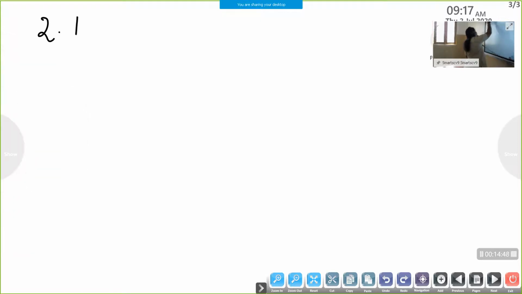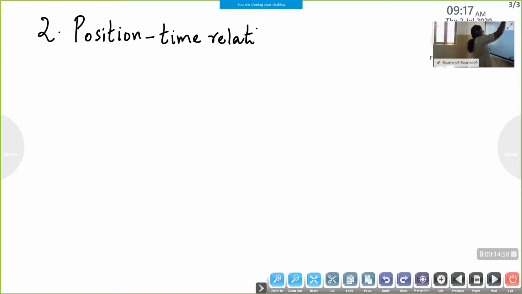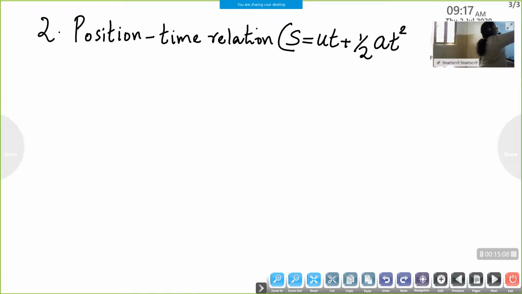Number 2, it is the position-time relation. Which was that equation? Have you noted that? S is equal to ut plus half a t square.